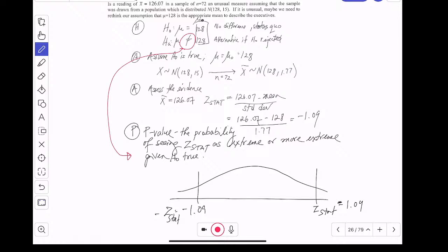I'm going to calculate the probability on the left and on the right, and then I'm going to add them together. That's my p-value. So when you have a two-sided test, I did say this before, but I need to be clear, it's 2 times, it's both sides.